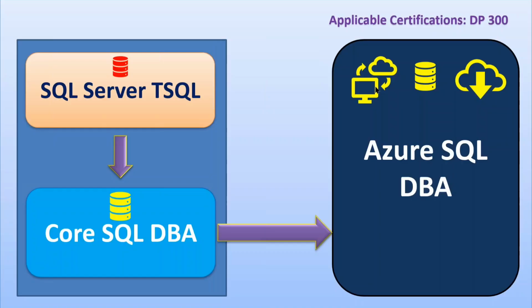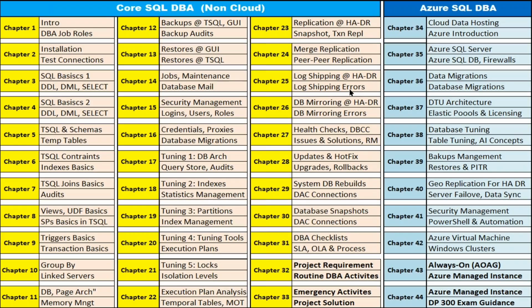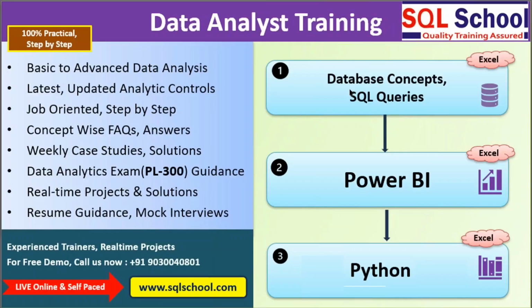Next comes data analyst, the third prominent job role. Number 1, data engineer. Number 2, DBA or the combo. Number 3. Number 4, data analyst, responsible for design of reports. There is a separate certification altogether for data analysts.